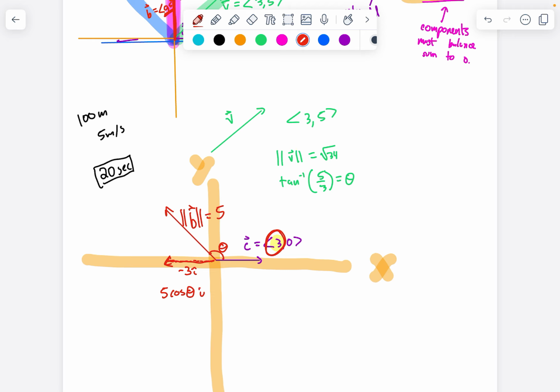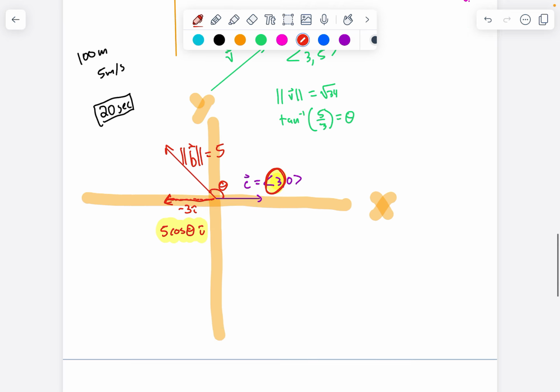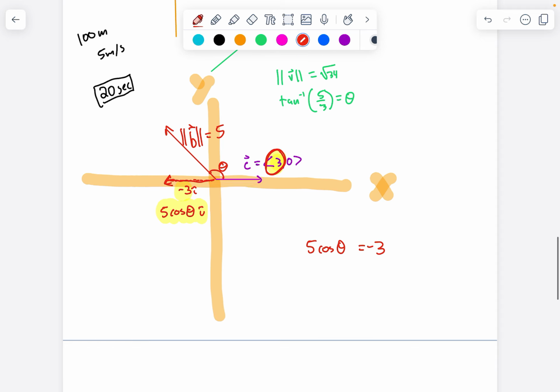And it's that many i's. And that needs to counteract this 3. And so we can say that 5 cos theta has to equal 3. Actually, because it's counteracting it, it has to equal -3. So we're going to just put a -3 here.